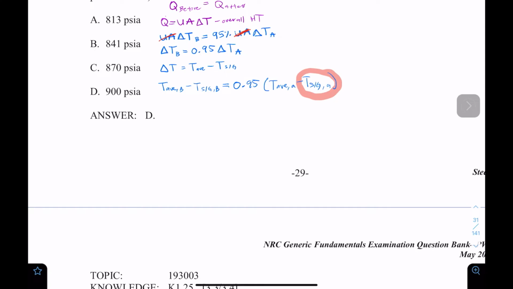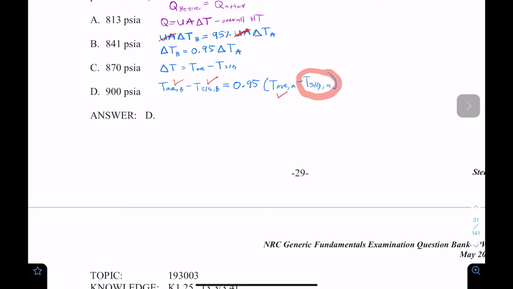So I know my initial conditions before, right? I know this one, I know this one. And my temperature average after is going to be the same as well.